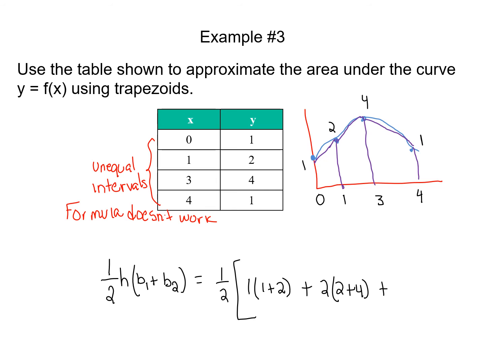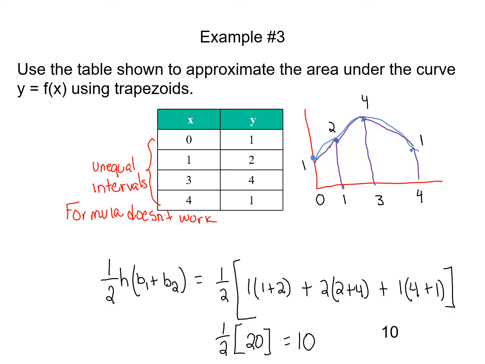For the third trapezoid, B1 is 4, B2 is 1, and my height is 1. And we would add those up to get an answer. Okay, so that's how we would do it if we have unequal trapezoids.